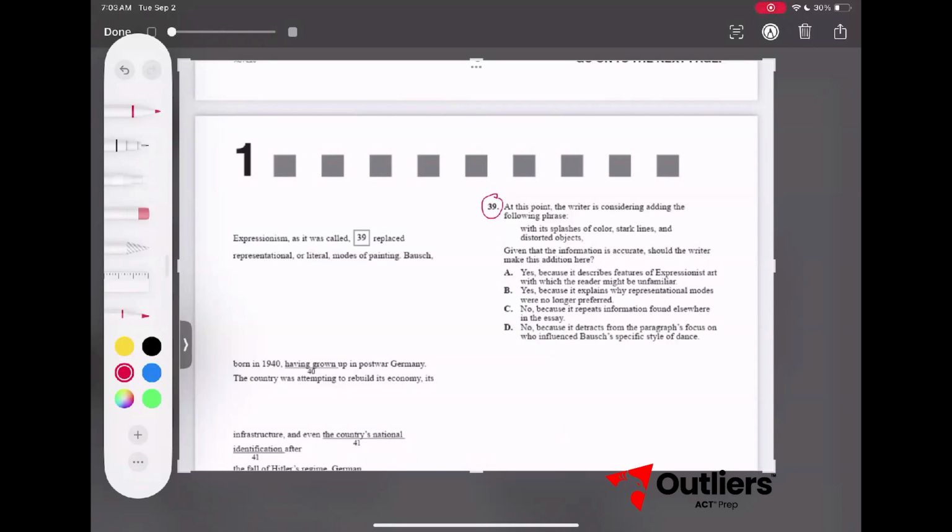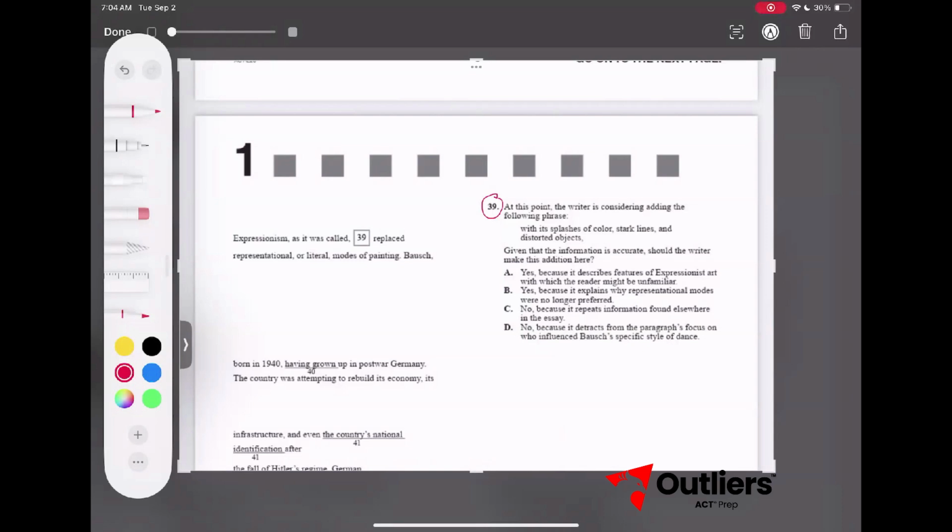And so my guess is that yes, we are going to need this because it hasn't told us anything about expressionism or what it is to this point in the essay. So this just gives us a better idea of what expressionism is, and therefore we're probably going to need it. But we'll do it as if you didn't know if it was yes or no, and hopefully you'll see you can come up with an answer either way.